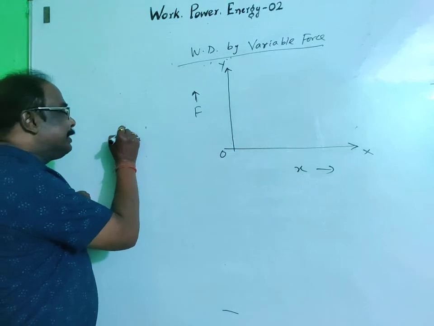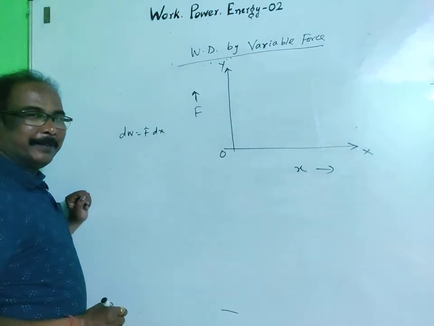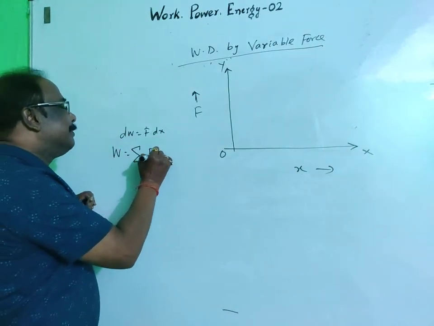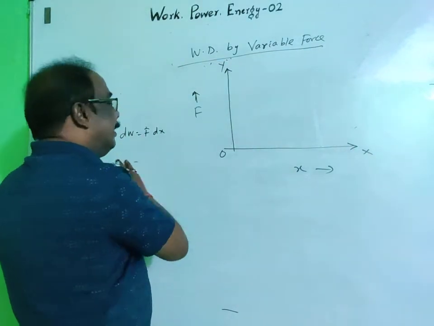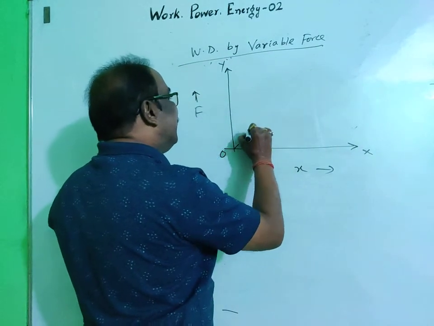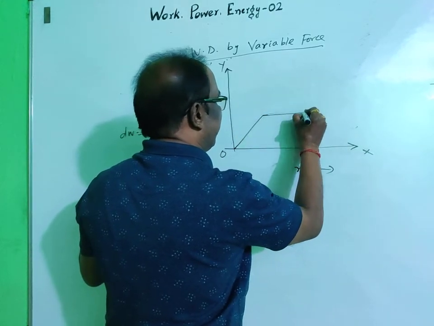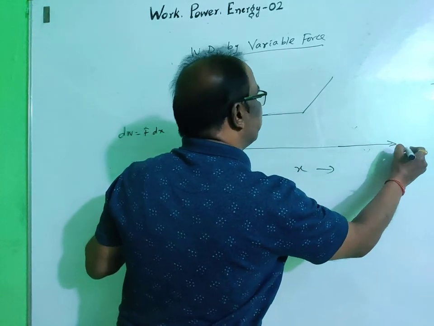So in this case dw is equal to f into dx, and total work is equal to sum of f dx or area under the graph. Let the graph be given like this.